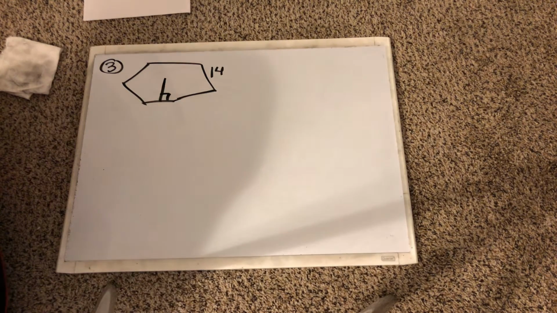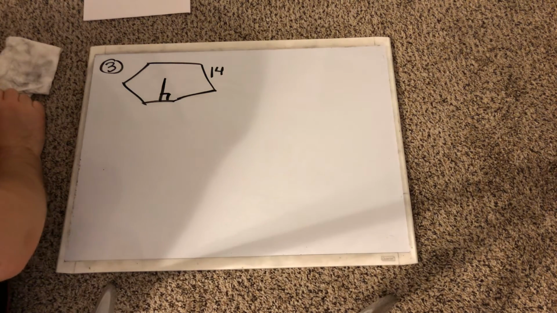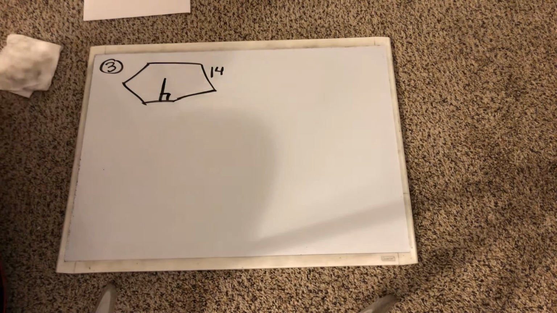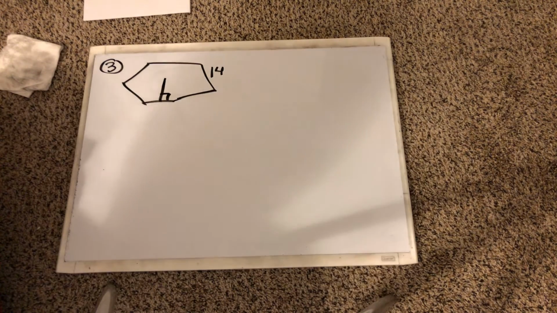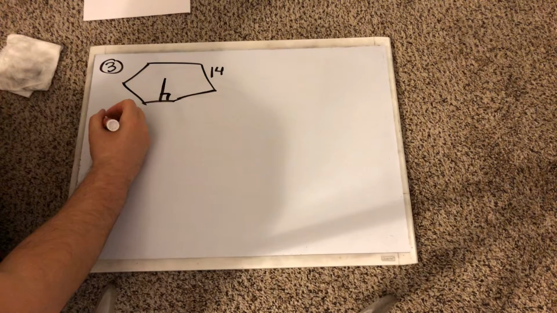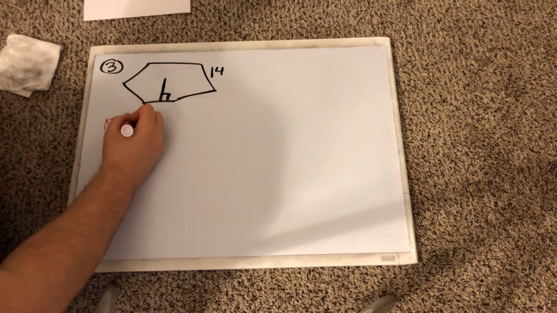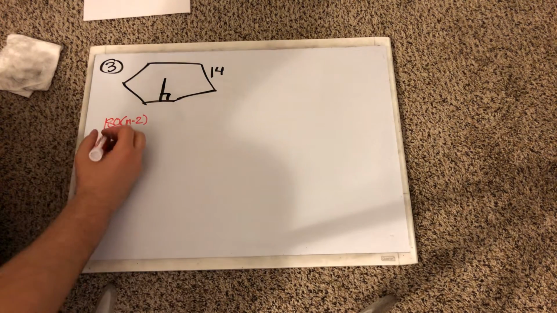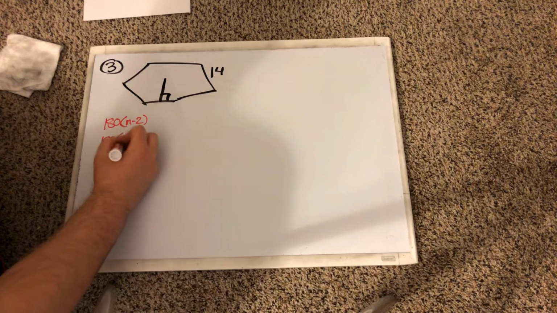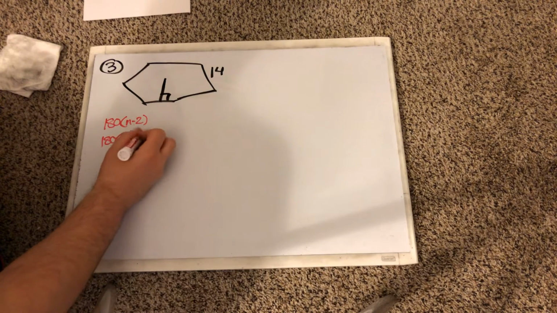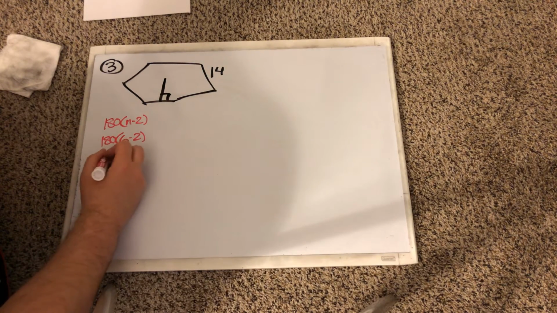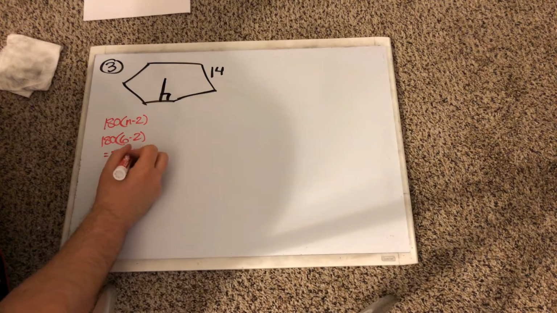So if we go all the way back when we were learning about interior angles, if we remember the equation 180 times n minus 2, well, this is a hexagon. 180 times 6 minus 2 comes out to be 720 degrees.